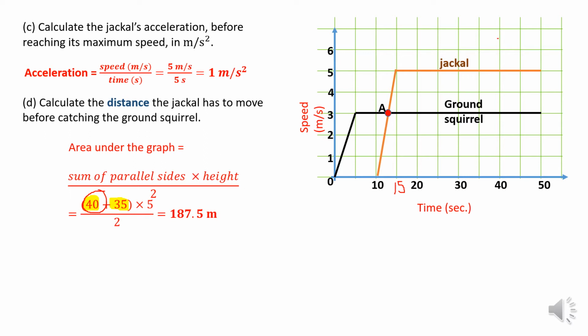You could have taken this triangle, worked out its area, then taken the rectangle here and calculated its area, and then simply added them together. It will still also bring you 287.5 meters.